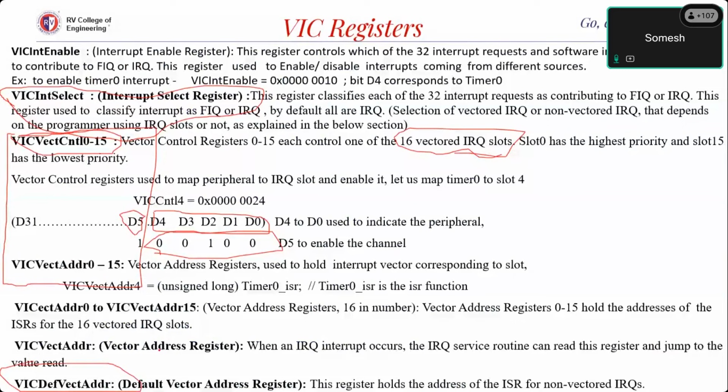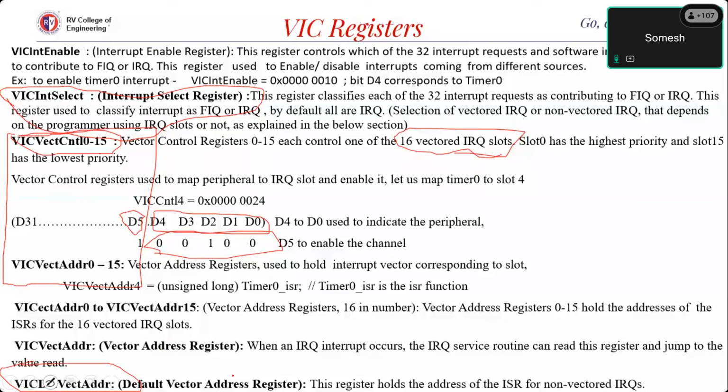If you configure a non-vectored IRQ, as the name says, there's no way you can specify the address of the ISR for a non-vectored interrupt. But when an interrupt is generated from a non-vectored source, where does it jump? There is one address available, which is called the default vector address.